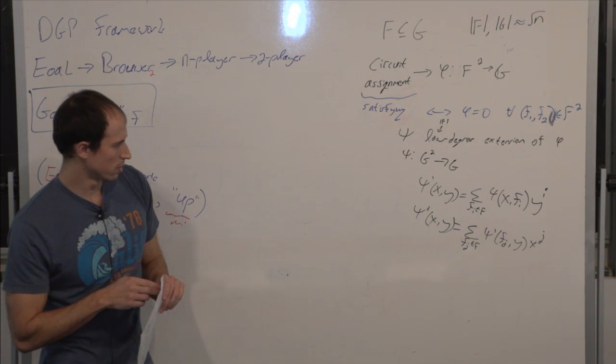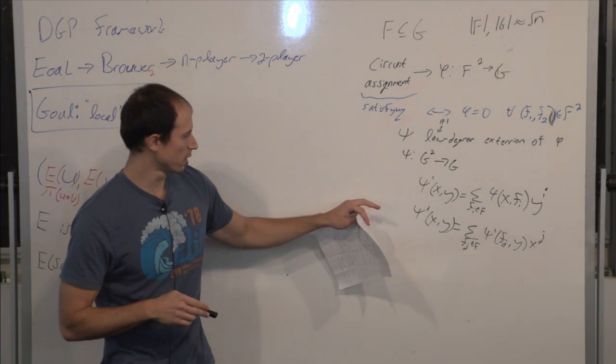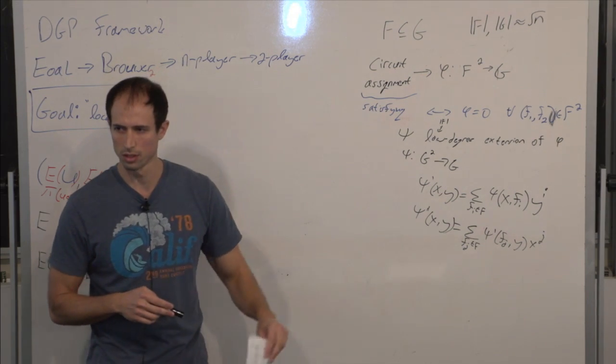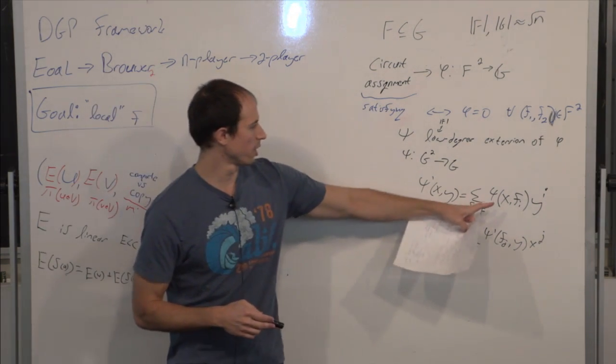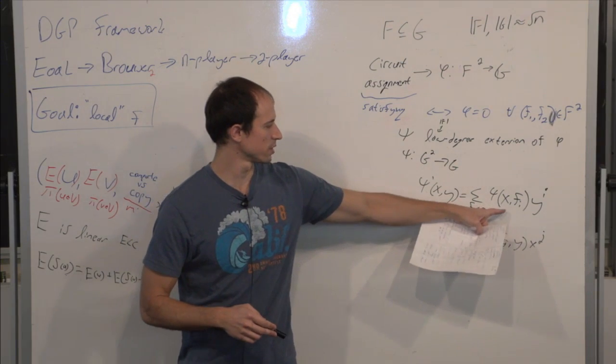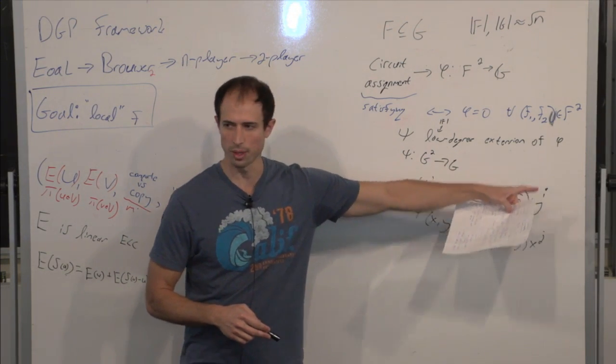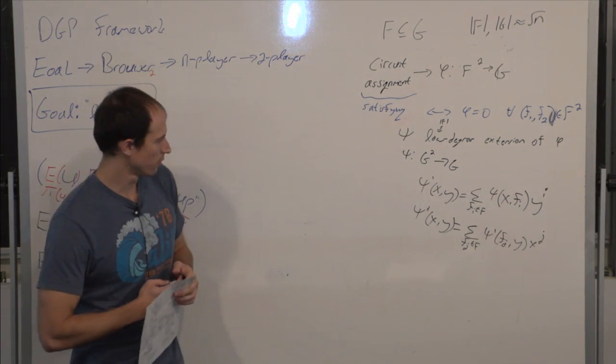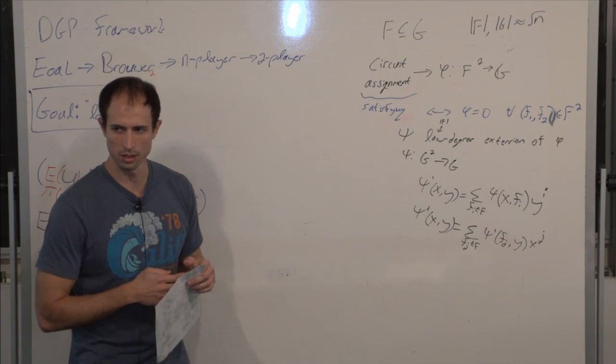The restrictions, sorry. So this is a new polynomial. I have C of x, y is the sum of C of x and fi times y to the ith power. I fixed one coordinate.